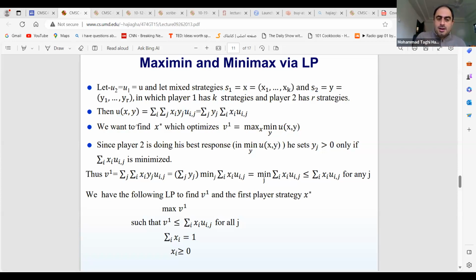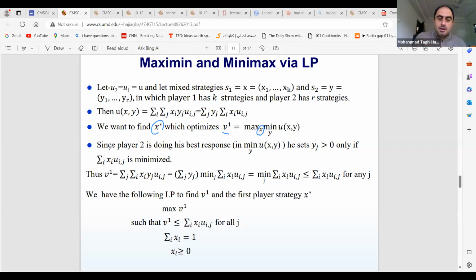So now we want to find x star. This is the optimum strategy, which optimizes v1. What is v1? Essentially, in this case, we are trying to maximize x's minimum over this. So this is the security level or max-min strategy for agent 1.